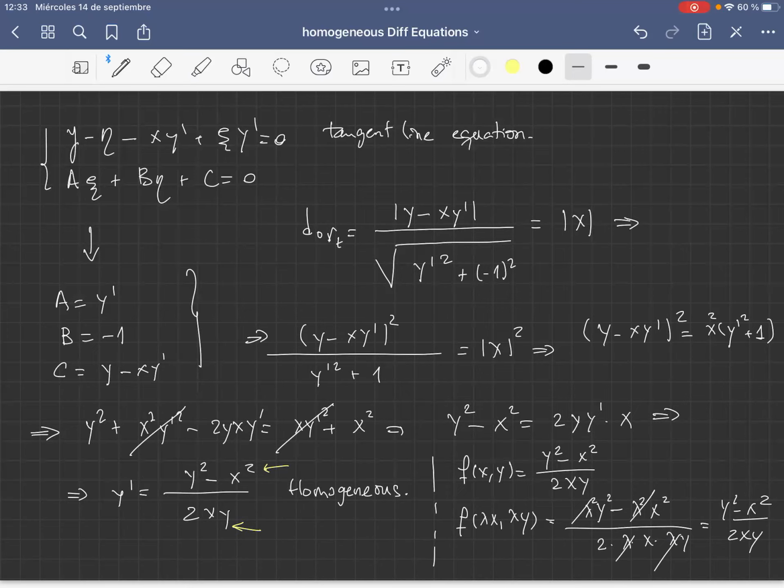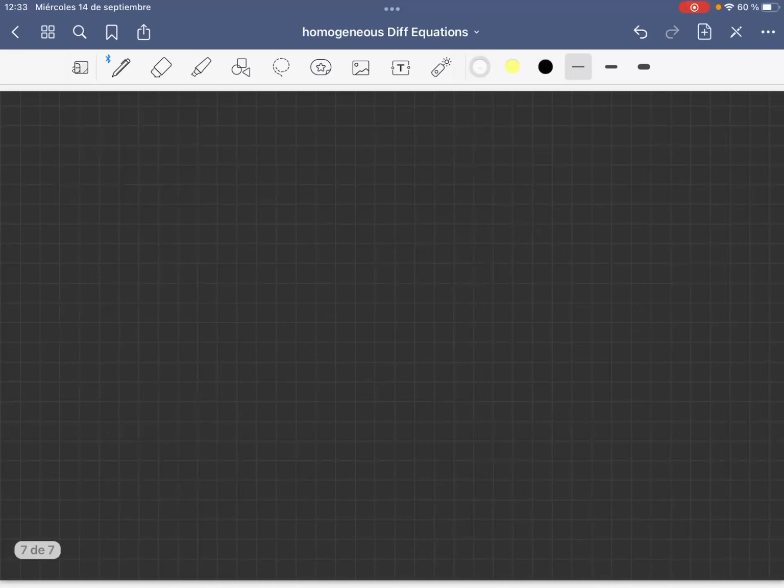Since it's homogeneous, we can integrate it by the change of variable that we introduced before. So let's do it to find out the curve that we are actually looking for. Again, we take our equation and introduce the change of variable that we mentioned before.